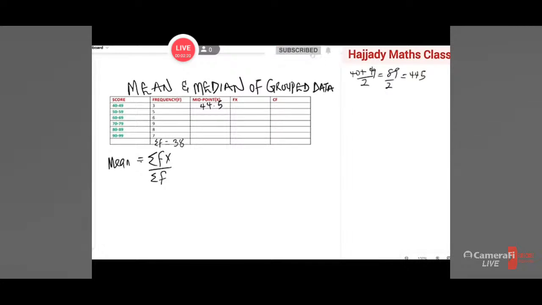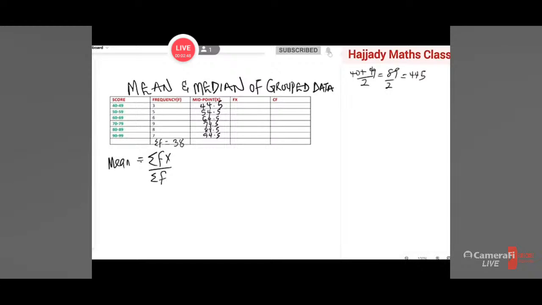Calculating the midpoint for 50 to 59 is going to give us 54.5. This is easy to know, just add 10 to it, since it is at equal interval. So we get 64.5, then 74.5, then 84.5, and then 94.5. So that is our midpoint.